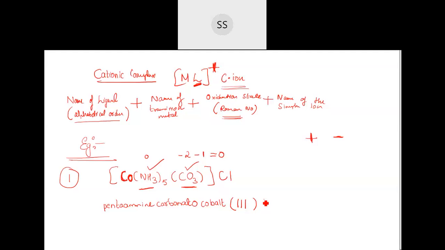Followed by that, you come to the ion which is present outside. Which ion is this? Chloride ion. So you just write the name chloride. That's it. Everything is small letter. This is the name.